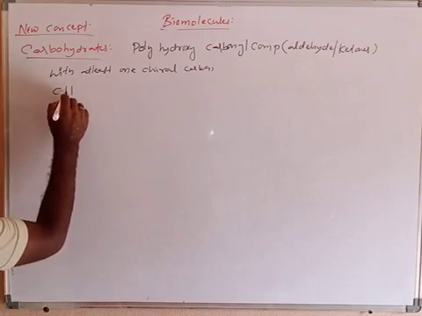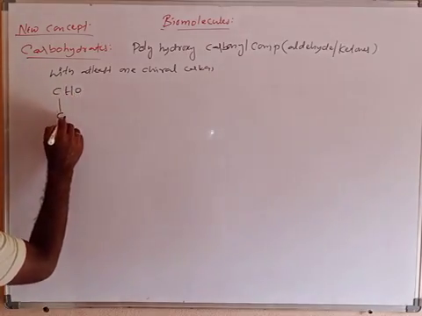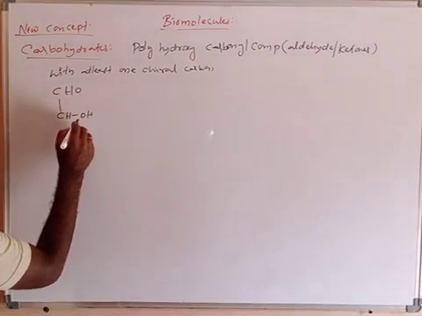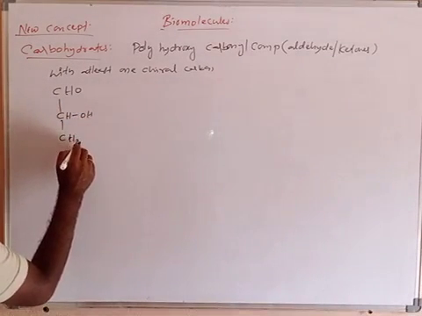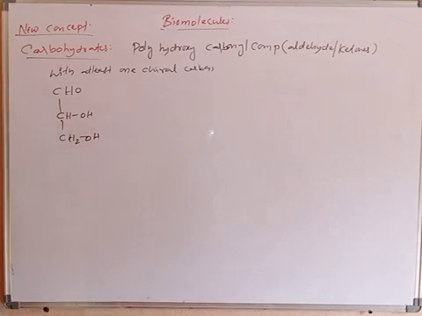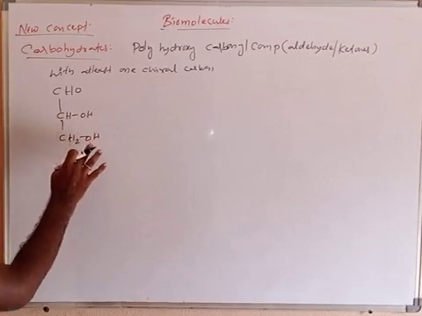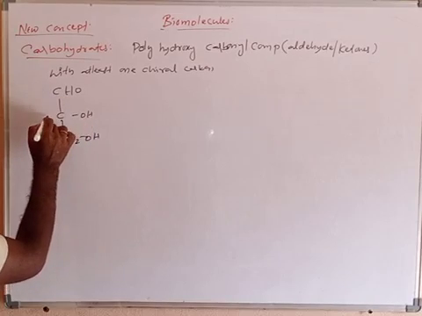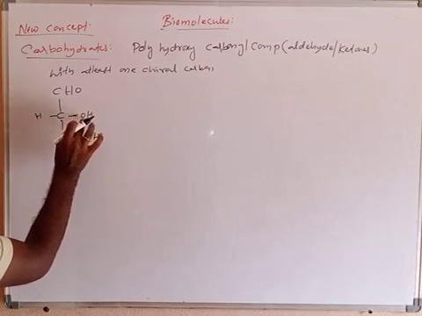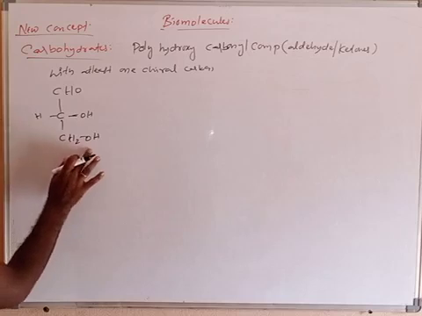Let's take an example. CHO, CHOH and CH2OH. Let's check. First, polyhydroxy: OH, more than one is there. And chiral centers: carbon with a single bond to H, OH group is there, H is there, and CH2OH and CHO.